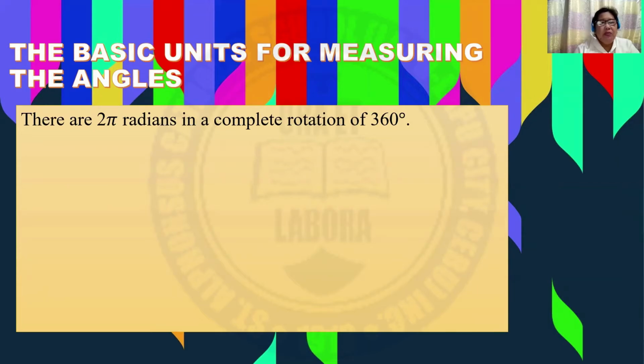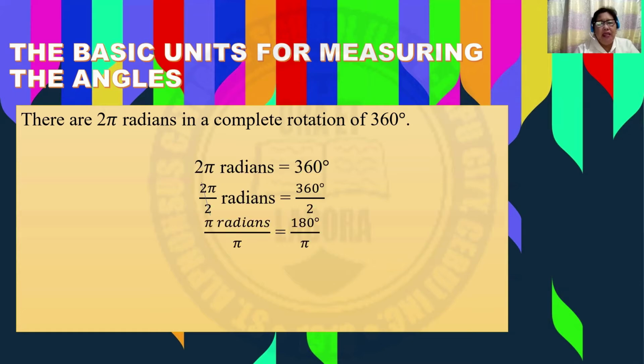Now, there are 2 pi radians in a complete rotation of 360 degrees. So, when we have 2 pi radians equal to 360 degrees and divide both sides by 2, then what we have is pi radians equals 180 degrees, because 360 divided by 2 is 180.